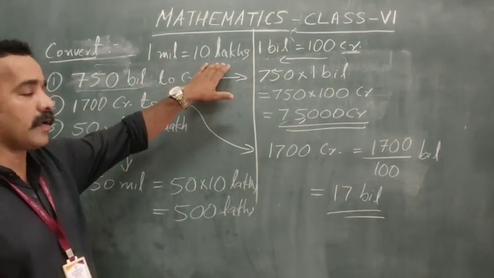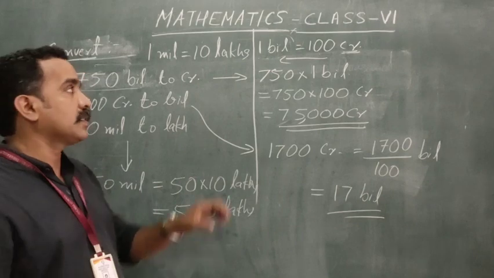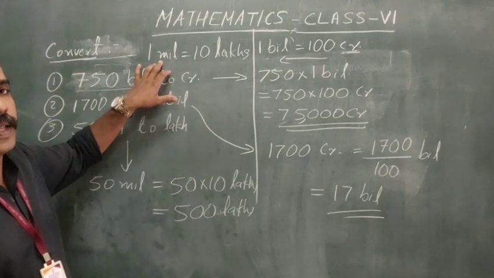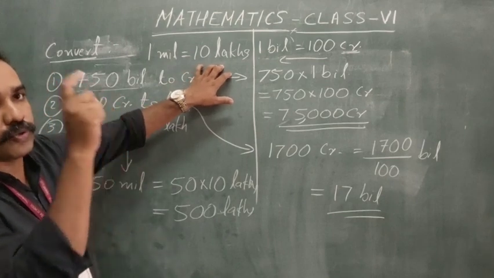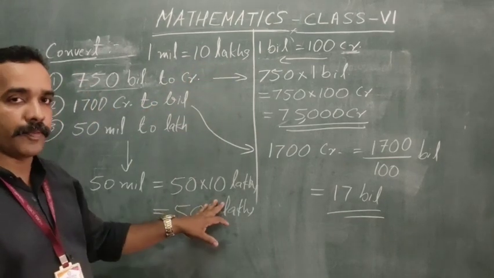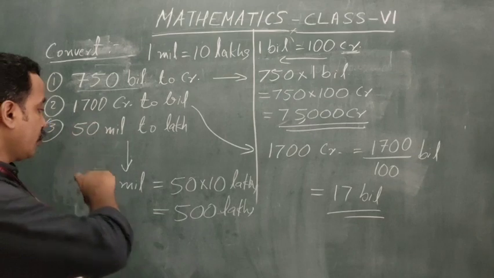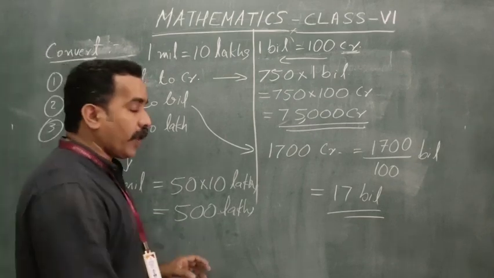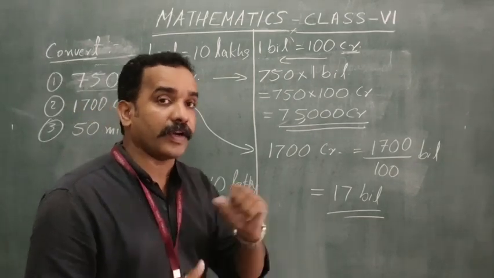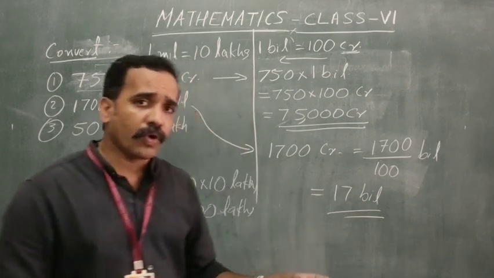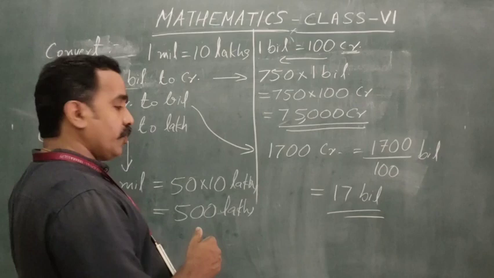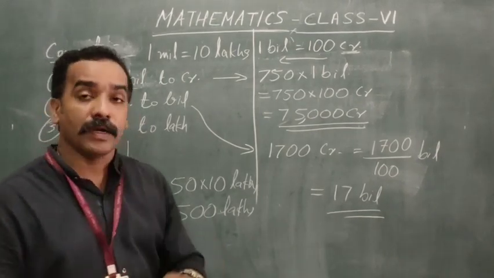See here, million is bigger than lakh because 10 lakhs make 1 million. So when you are converting from million to lakh, big to small, we multiply. Lakh to million. Suppose 500 lakh, we already know 500 lakh means 50 million.